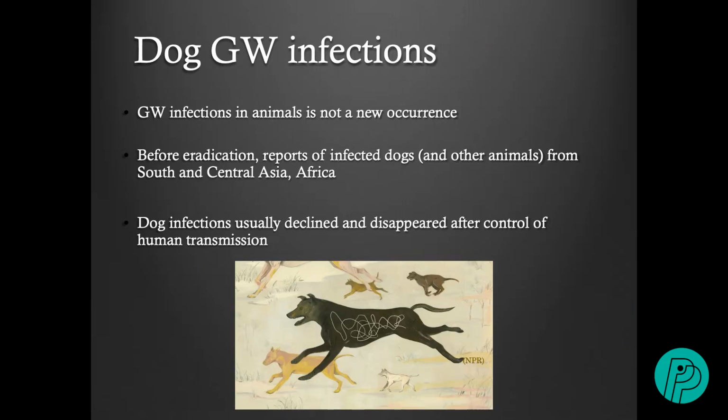In fact, guinea worm infections in dogs as well as other animals have been reported throughout history during the time that guinea worm was common in these countries. But when guinea worm was eradicated from those areas, dog infections essentially disappeared. And so it was not being sustained within dogs.